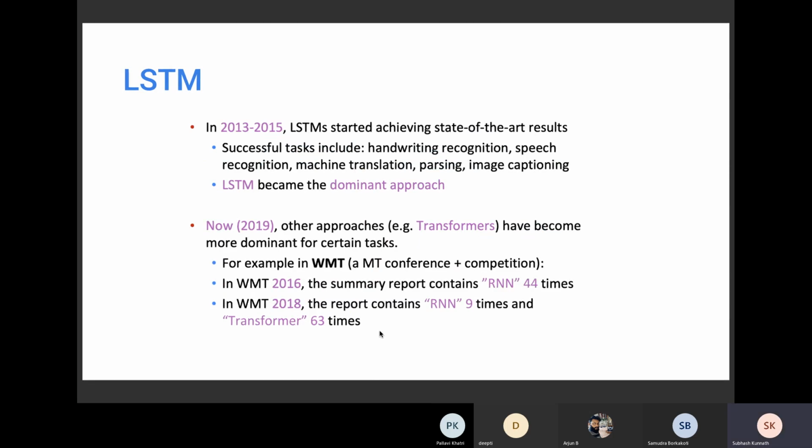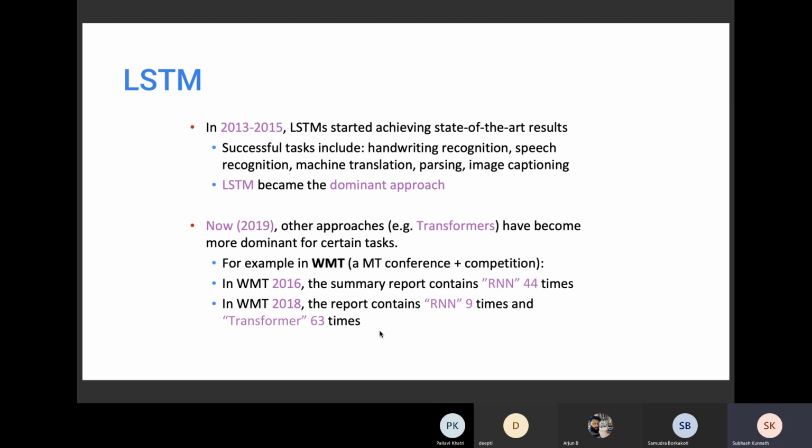Let's see how much LSTMs impacted the NLP domain. In 2013 to 2015, LSTMs were the state-of-the-art methods, and they were successfully used in handwriting recognition, speech recognition, machine translation, parsing, image captioning, and all those things.